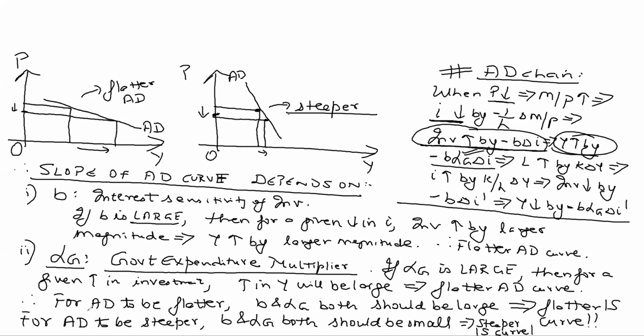So for AD to be flatter, B and alpha G should be large, a flatter IS curve. For AD to be steeper, B and alpha G should be small, a steeper IS curve.